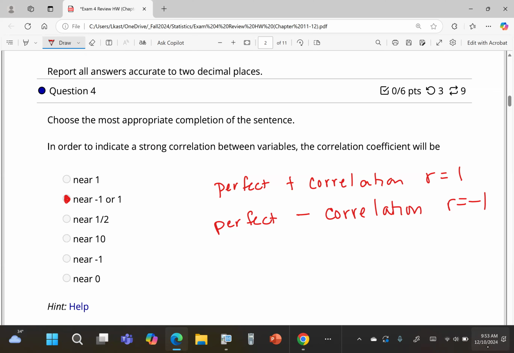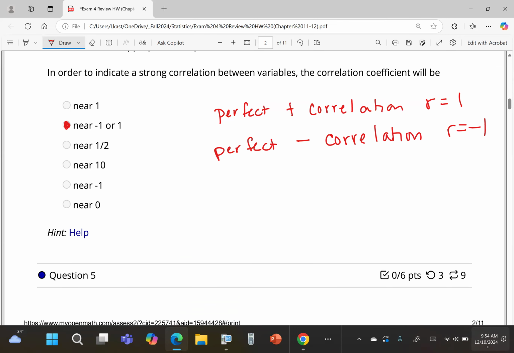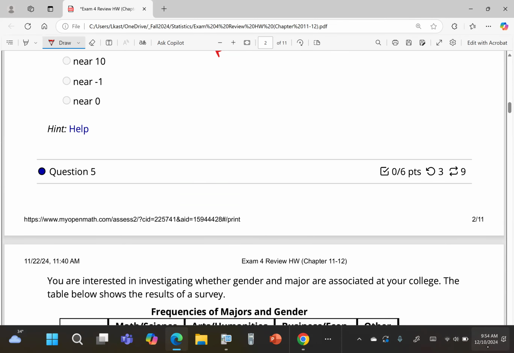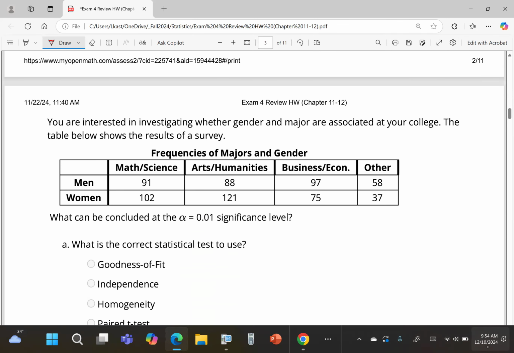All right, question 5. I wonder if I got this matrix in correctly. Probably not. You are interested in investigating whether gender and major are associated at your college. I'm guessing yes, but the table below shows the results of a survey.